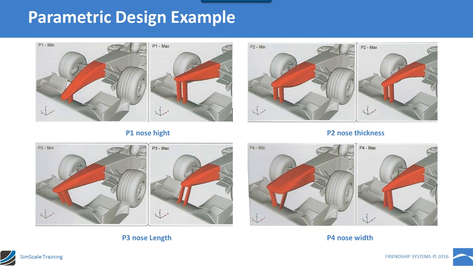If you can see in these pictures, we will talk just about the nose, which, compared to the front wing, is really simple geometry because it's just like a cone. And here we have 4 parameters. We have the nose height, from the ground to the leading edge of the nose. We have the nose thickness, as you can see here, the second parameter in the design. Here we have the thick one, the thin one, and here we have the length, from this plane to here.